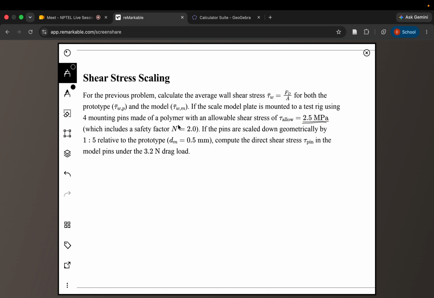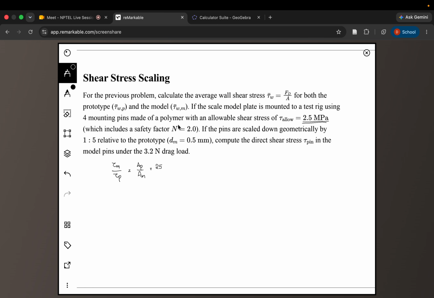I think this is it. Are there any questions in this? So the idea is again the same as follows. You calculate tau w by tau m, which will actually scale as, so this will be the same as before, 25.